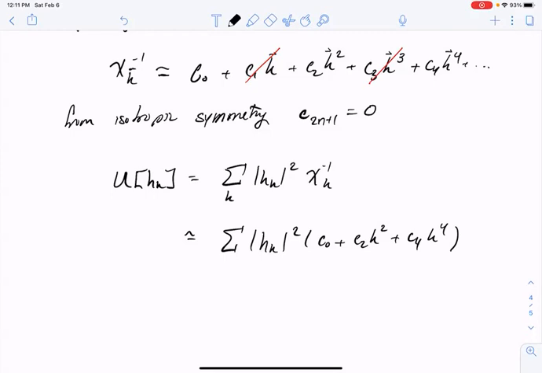So that is an effective description of the fluctuations of the membrane, assuming Gaussian statistics. So here's our Gaussian model.